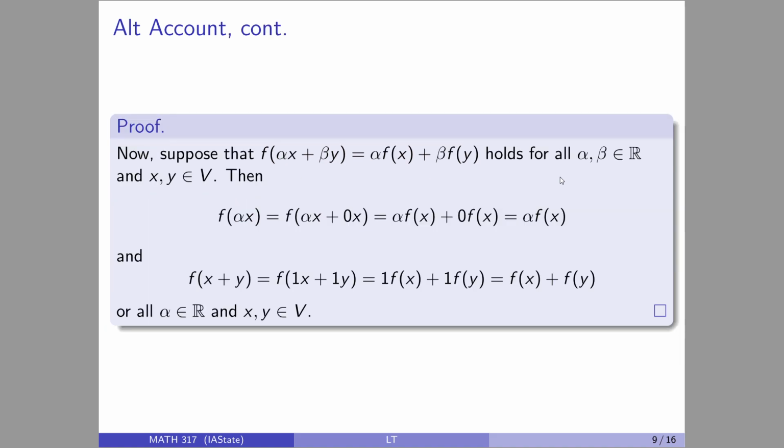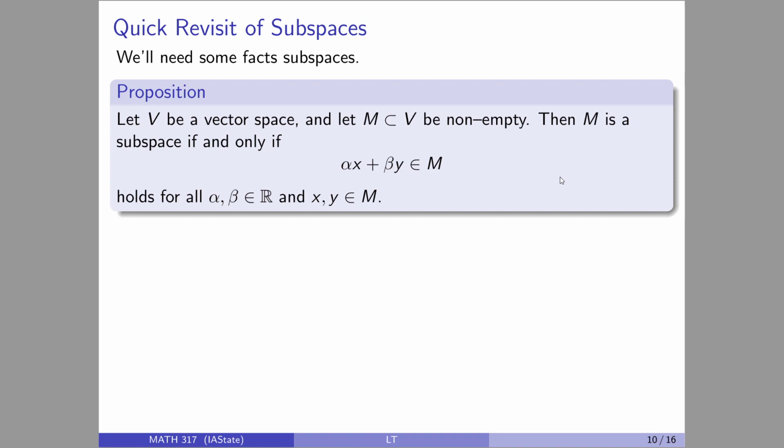Okay. All right. Now, speaking of linear things, linear functions respect scaling and respect addition. We have previously discussed a mathematical object in vector spaces that respects the scaling and respects the addition, and I already spoiled it. Those are the subspaces.